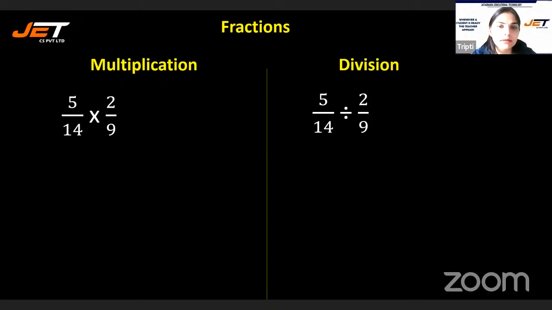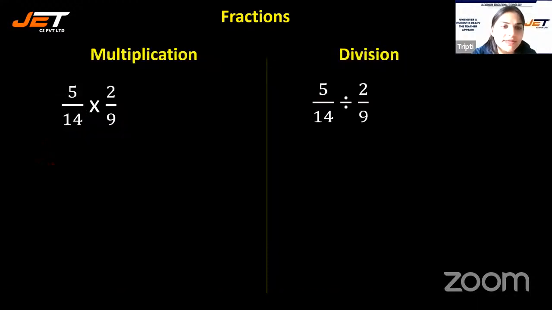Okay, so moving on here, let's solve this. 5 times 2 is 10. And 14 times 9, 9 times 4 is 36, 9 times 14 is 126. 5 times 2 and 14 times 9.